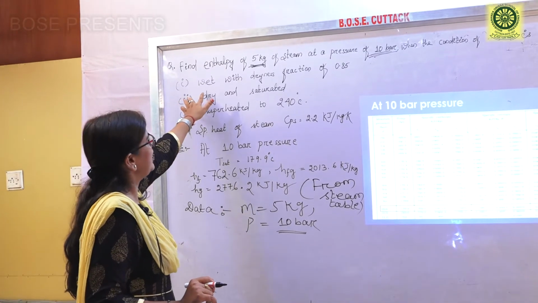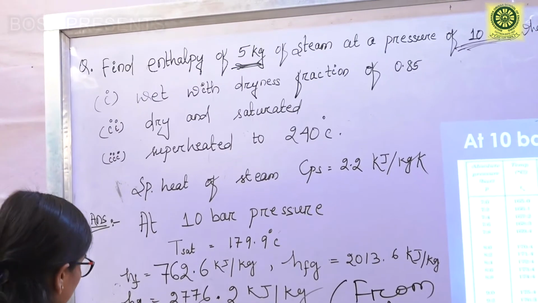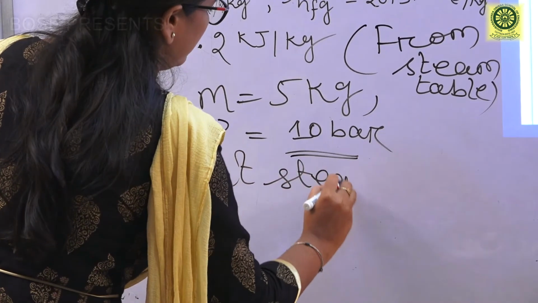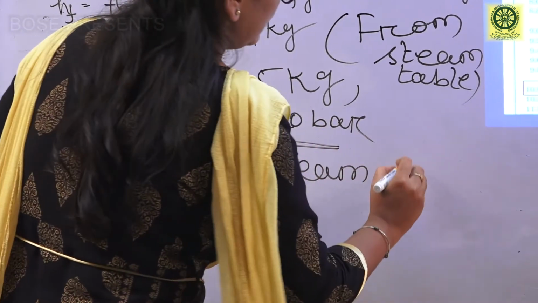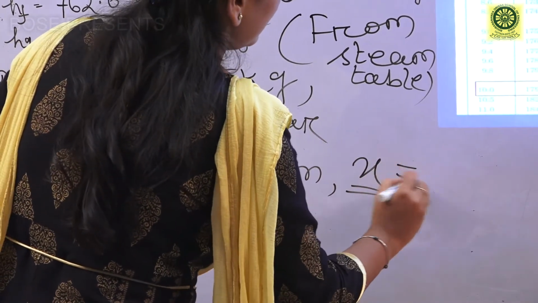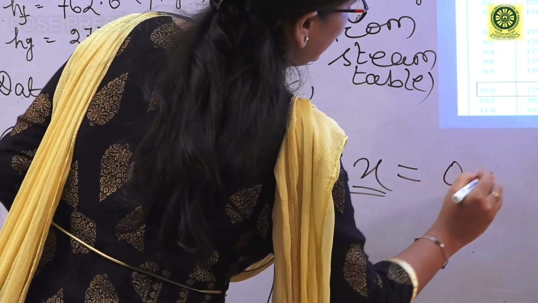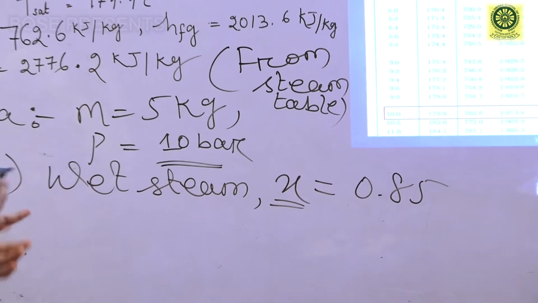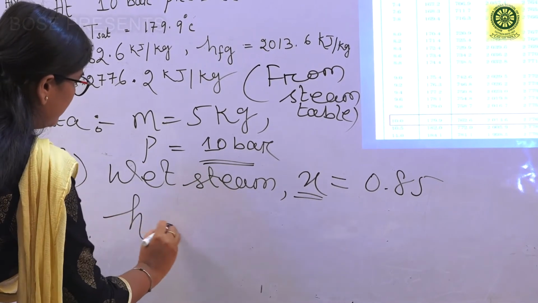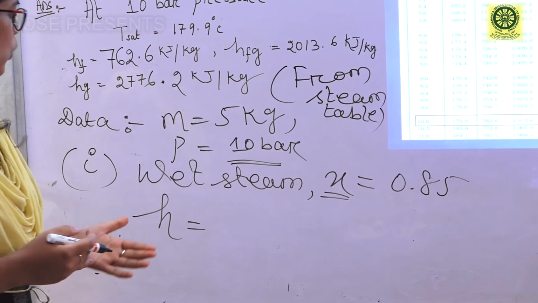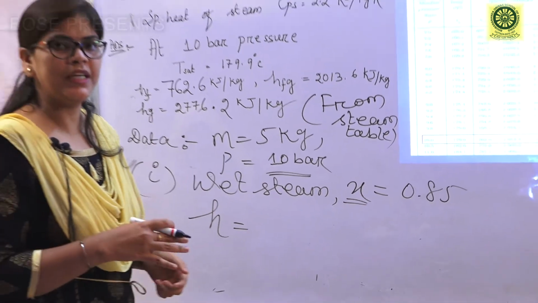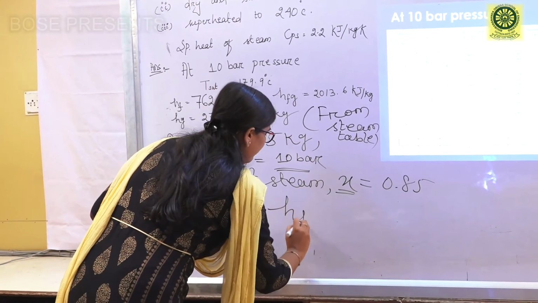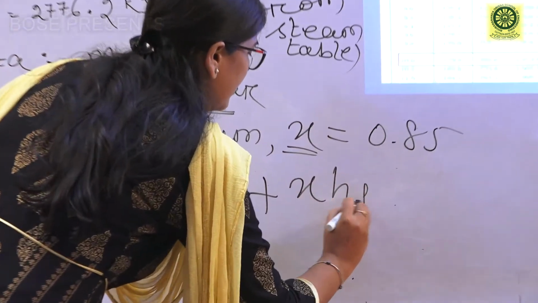Dryness fraction 0.85. So for wet steam, I want to find the enthalpy. You already know, I have already given the formulas for wet steam and for superheated steam, and H equals hf plus x hfg.